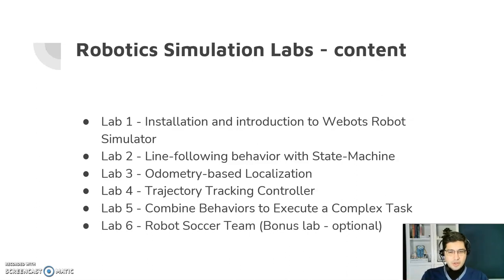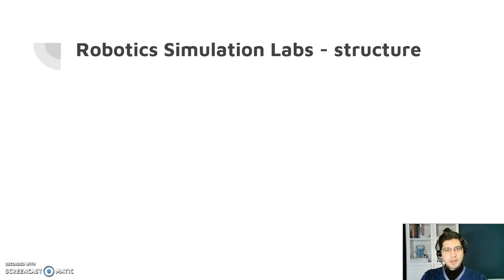Lab 6 is an optional bonus lab, which is to build a robot soccer team, and that was based on the RoboCup Junior soccer simulation that was introduced in 2021. I was a member of the team that actually implemented this. We had a demo at the beginning of the year, and then in the middle of the year, when the official competition ran, we also used it. So I give this as a kind of a bonus thing for the students as well as motivation.